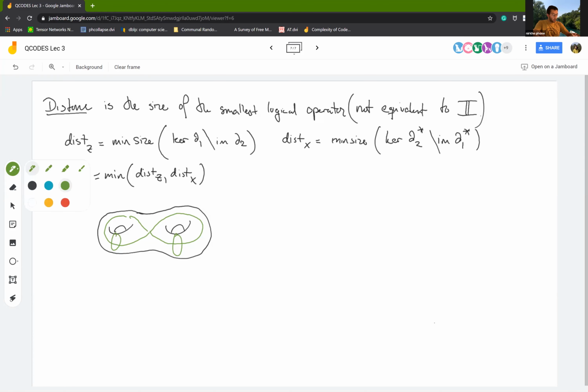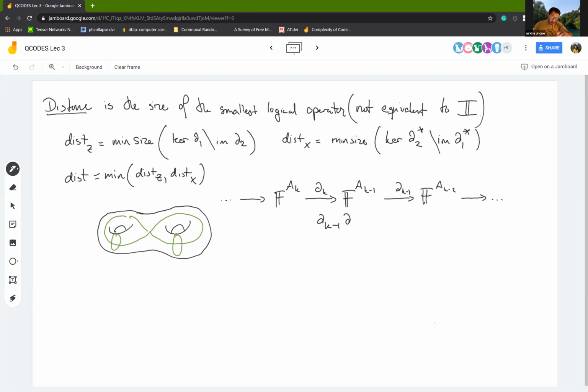So one could go a little further and say, what if I didn't restrict myself to cell complexes A2, A1, A0, but thought of a generic cell complex, where I just keep going, up to A_{K-2}, and I look at a cell complex higher up where I just have this property that delta_{K-1} delta_K is still equal to 0.